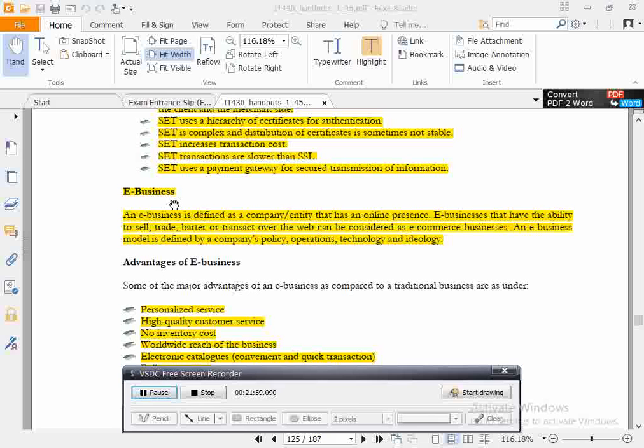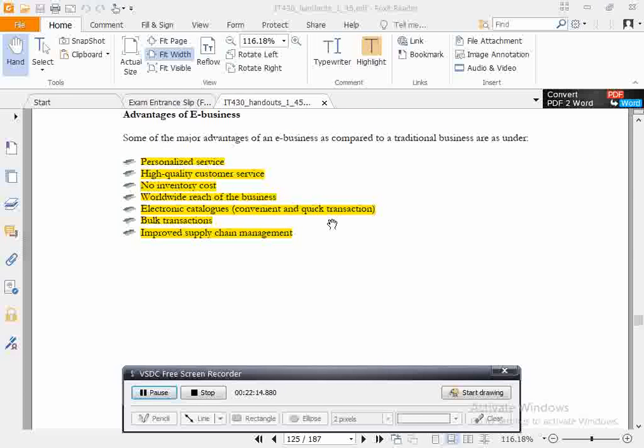E-business. An e-business is defined as a company or entity that has an online presence. That's all for this, it's going well.